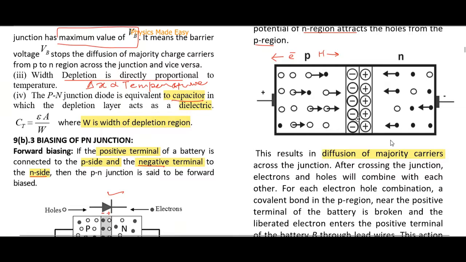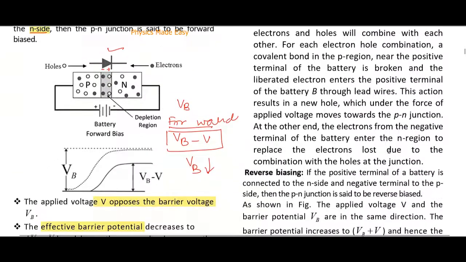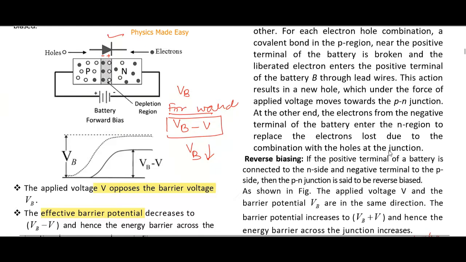Now, for every hole going there, an electron moves towards this side of the battery, and from here an electron is released. Now, negative charge on this side pushes electrons towards this.